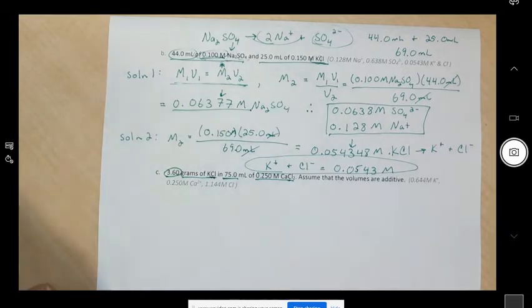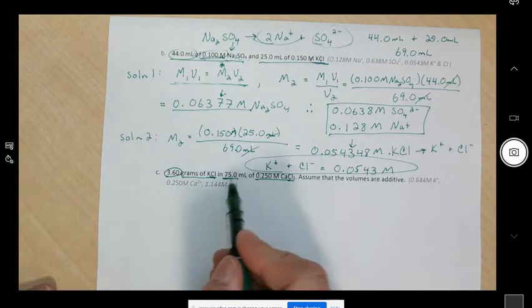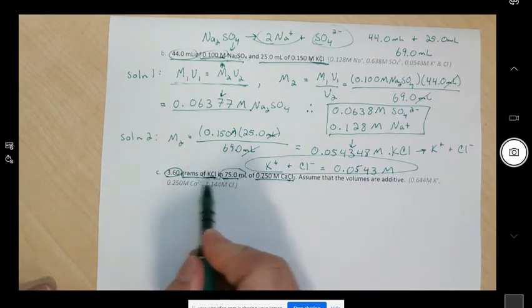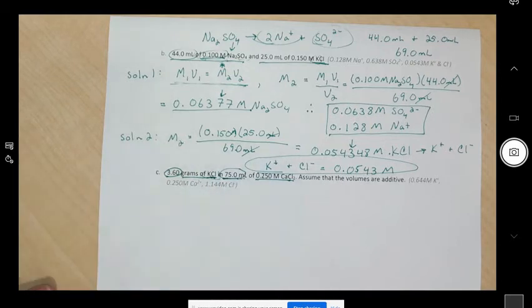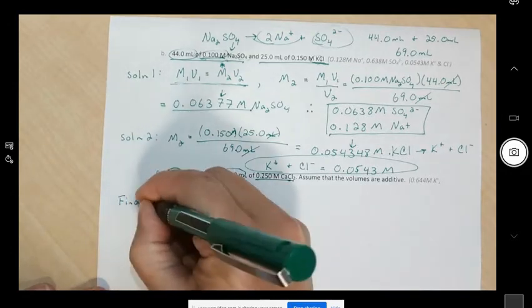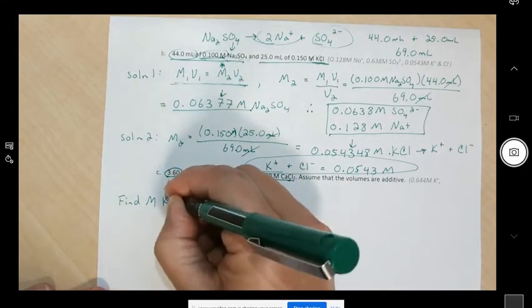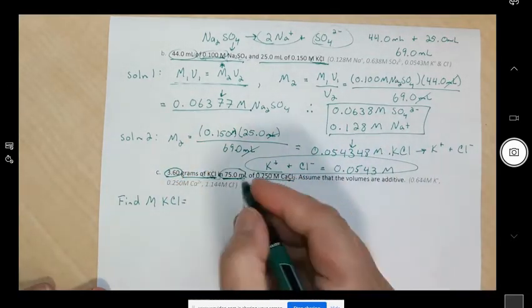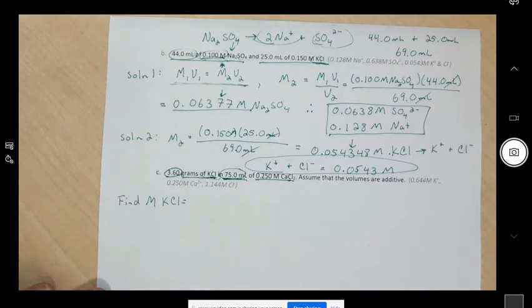I'm going to do this a little bit differently again. I'm going to figure out what the concentration is just of my KCl when I put it in my 75 milliliters of solution. So remember, molarity is just moles of solute per liter of solution, and they're telling us our volume of solution is 75.